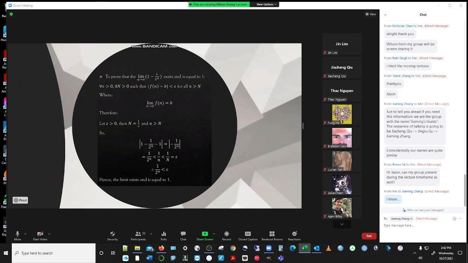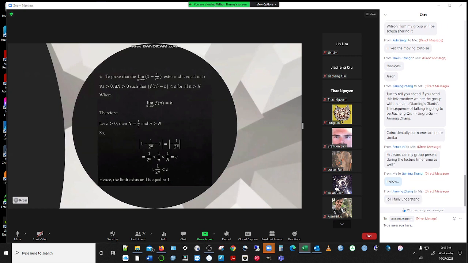Since we have already solved the limit of 1 minus 1 over 2 raised to n, as n approaches infinity, we now need to know whether the limit that exists is equal to 1. To prove this, we need to use the definition that for all epsilon greater than 0, there exists capital N greater than 0 such that the absolute value of the function of small n minus b is less than epsilon, for all small n greater than capital N, where the limit of the function of n as n approaches infinity is equal to b.